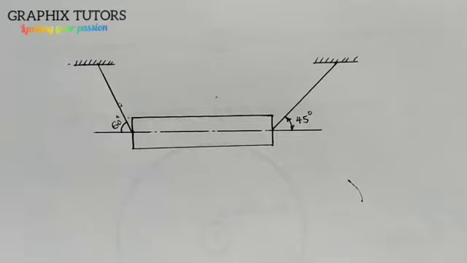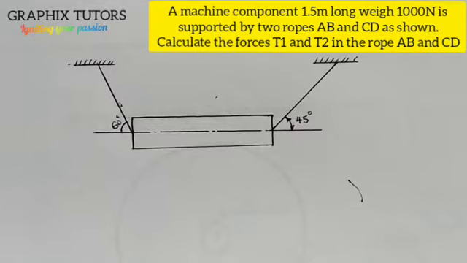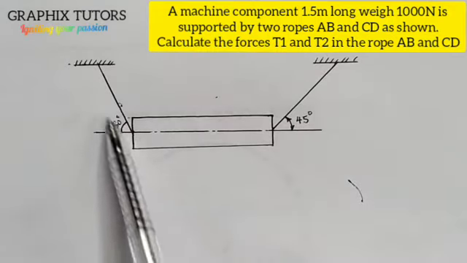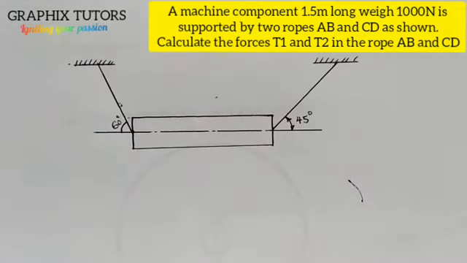Now if you look at the front of the screen, you see a question that says a machine component 1.5 meter long and weighing 1000 Newton is supported by 2 ropes, right? This is the machine component here and this is the rope that is supporting it.